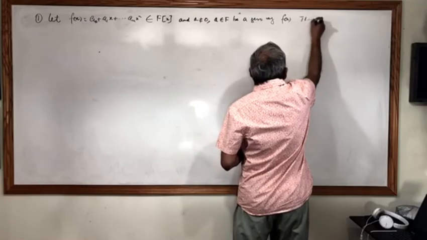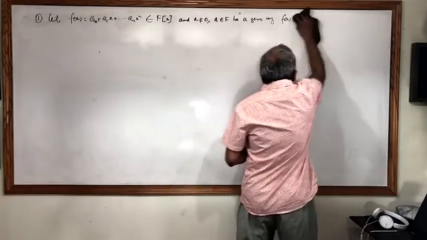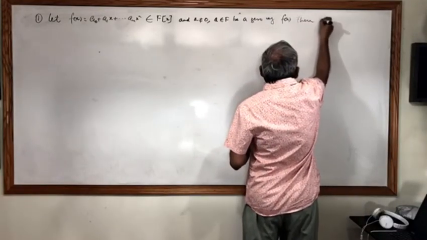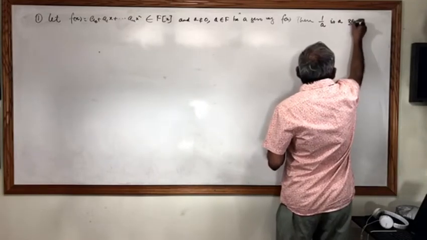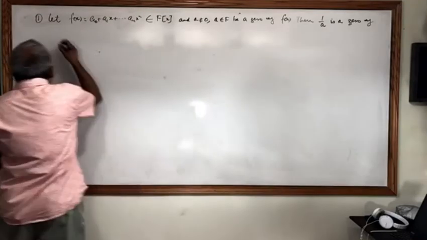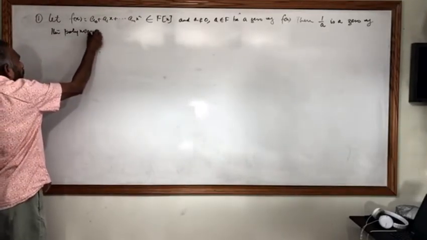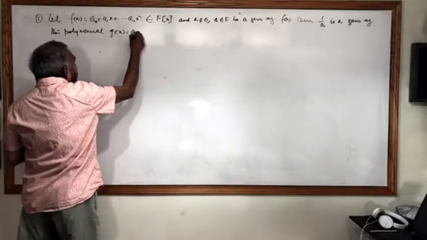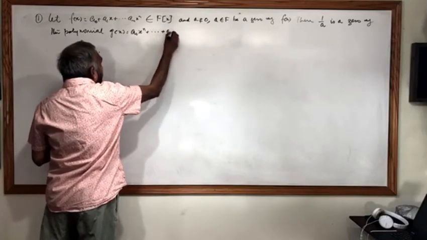Then 1/a is a zero of the polynomial g(x) = a0 x^n + ... + an.